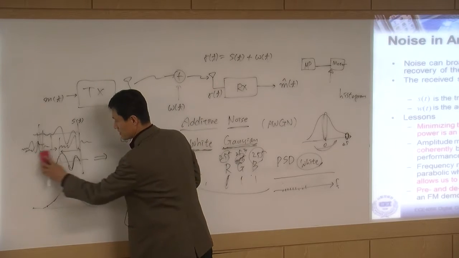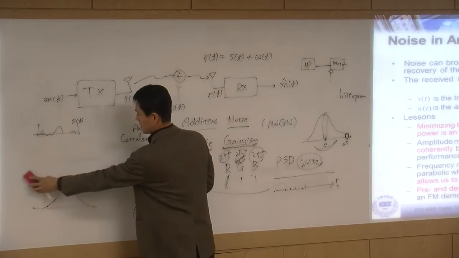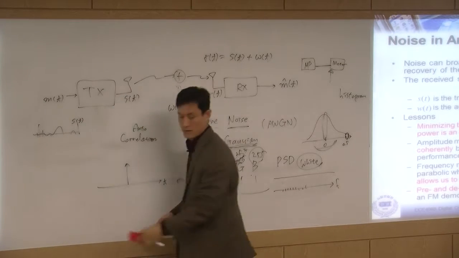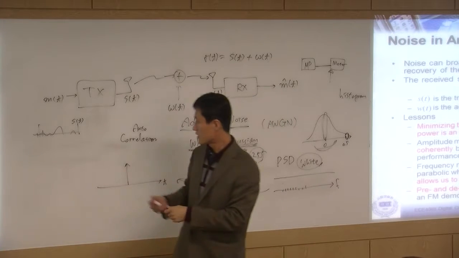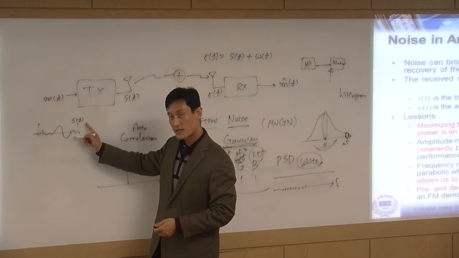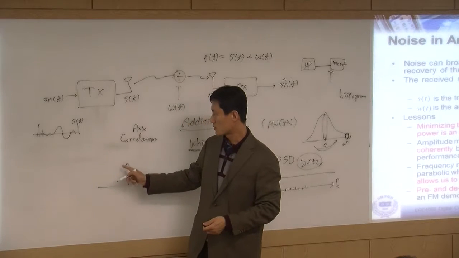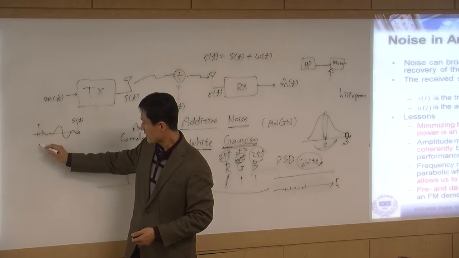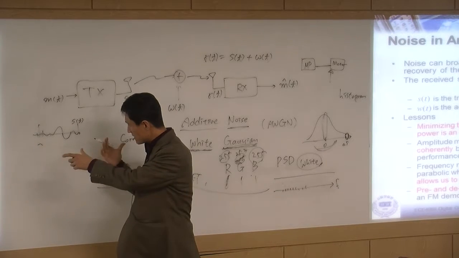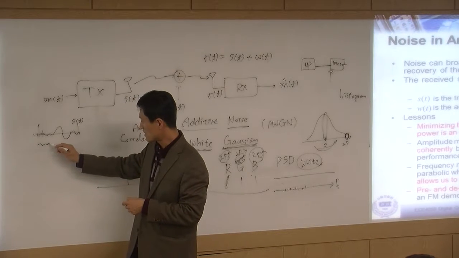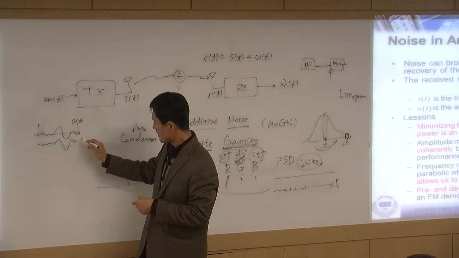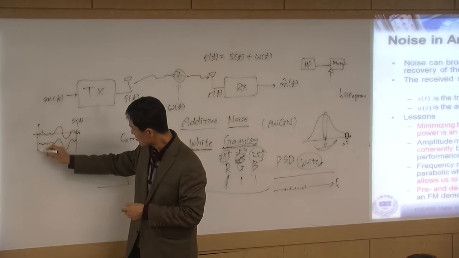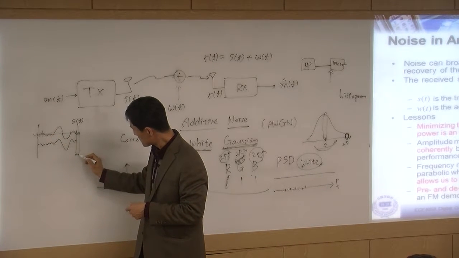Autocorrelation of a delta function basically means that, let's say this signal has this autocorrelation. This signal is sliding and trying to calculate autocorrelation, and this signal is a little bit mismatched in time.